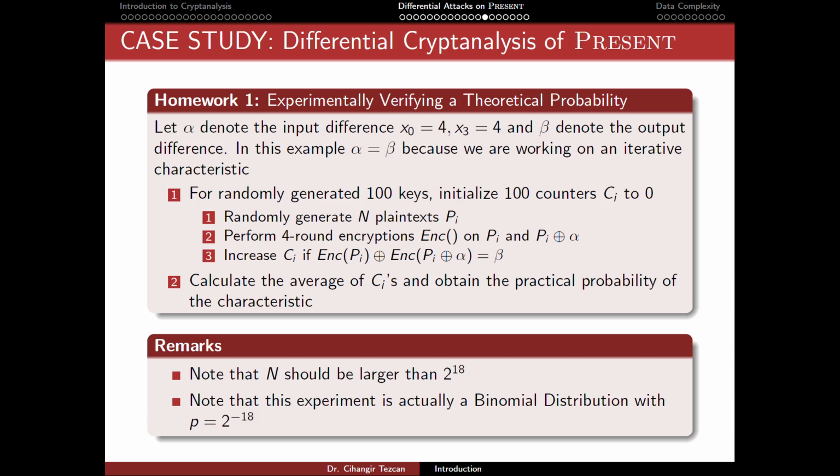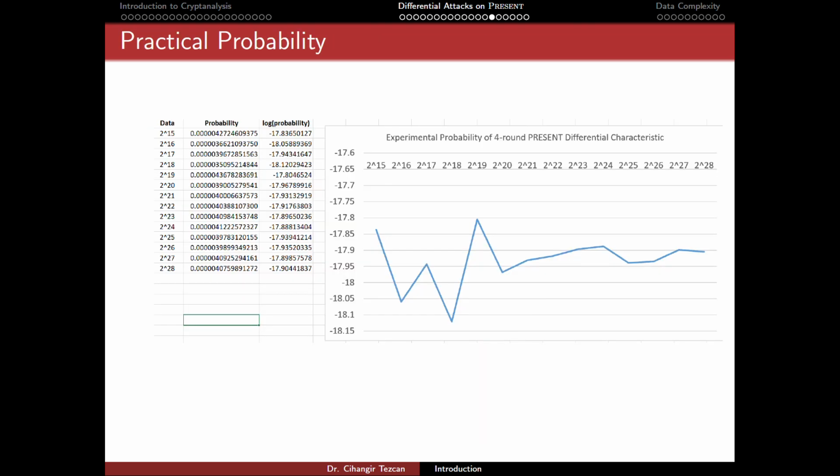So the easiest thing to do was to perform this experiment with low data like 2 to the 15 and do it as large as like 2 to the 28 to see how the probability changes. So as you can see, when you perform this experiment with few data, the probability is this.